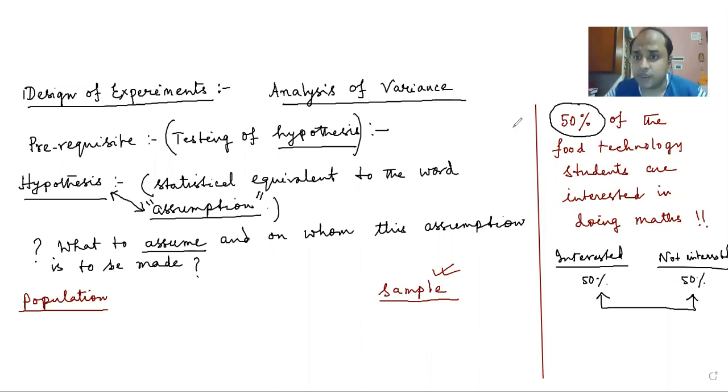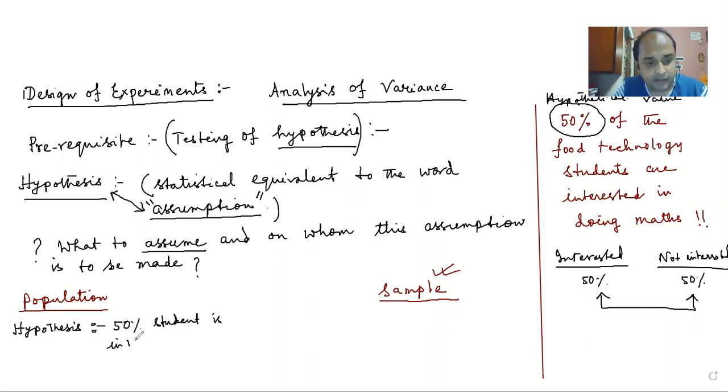But the important thing is that this value, 50%, is a hypothetical value, and this value has been obtained from the population. So from the population, I am making a hypothesis, where I'm claiming that 50% of students are interested in maths.